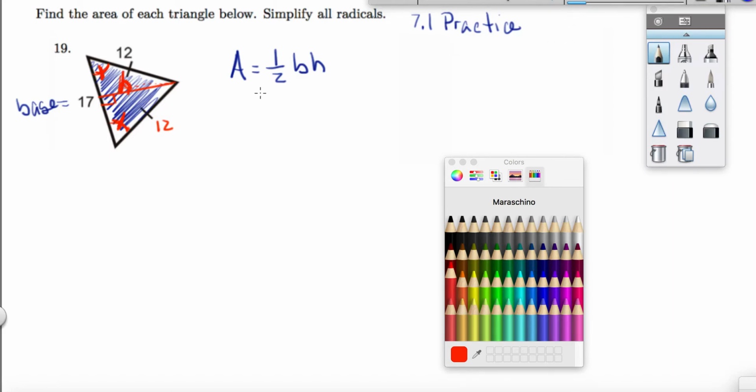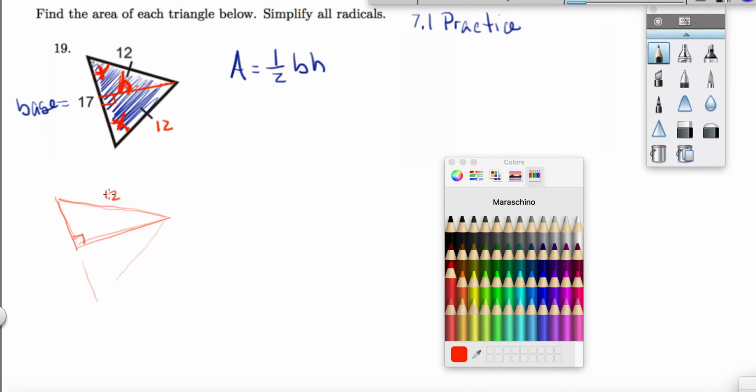Thankfully, we understand some things about the Pythagorean Theorem. We know if we have a right triangle, so this is what we have right now. So we have this right triangle.